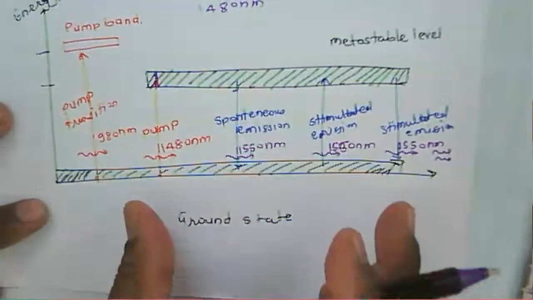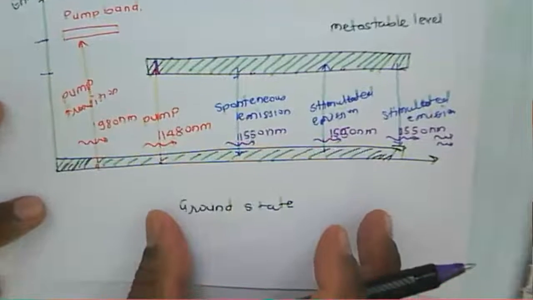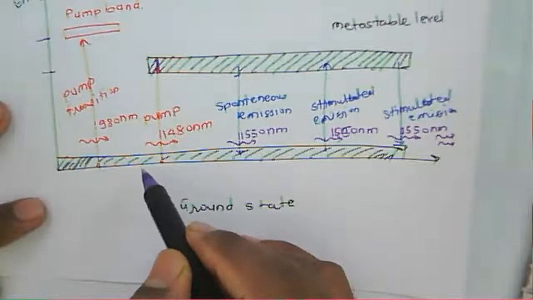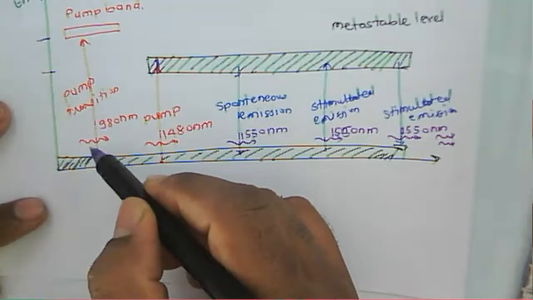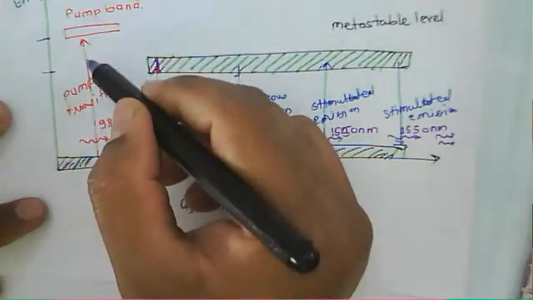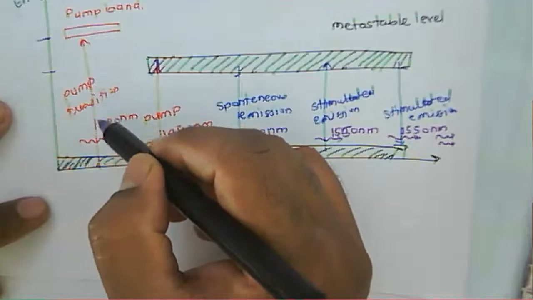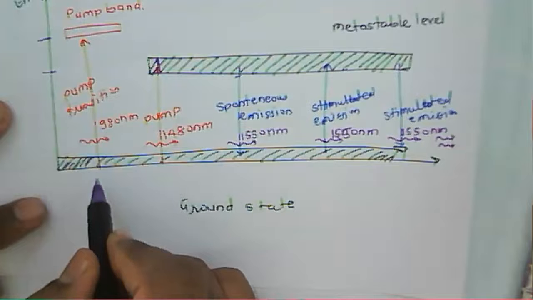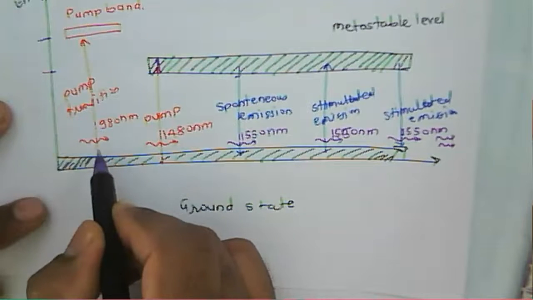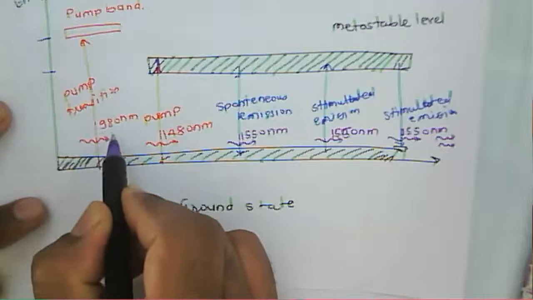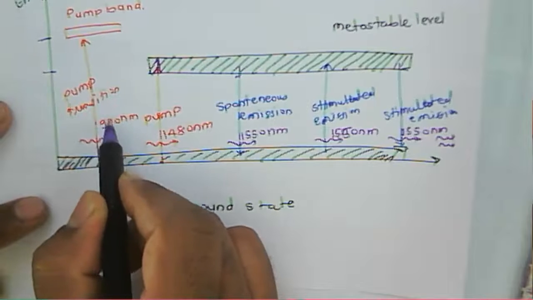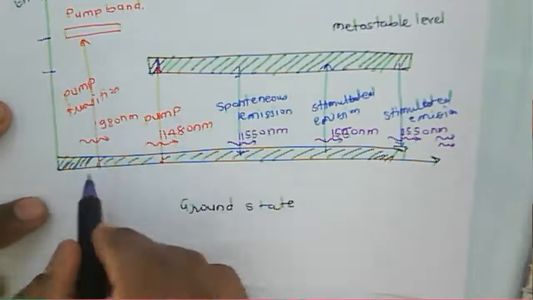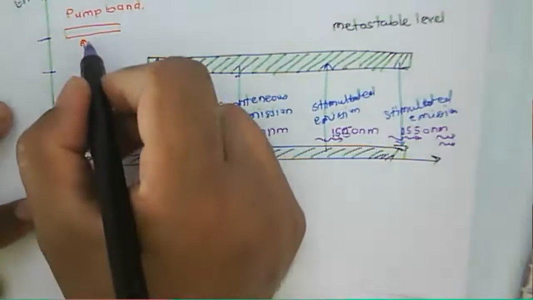So how does this optical amplifier work? Generally, we say there are two operations. One operation, let us consider, is a pumping operation that takes place at this 980 nanometer. That means the pump will emit photons at 980 nanometer, and that pumping will excite the ions from the ground state to the pump level.